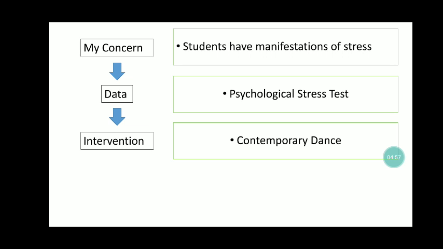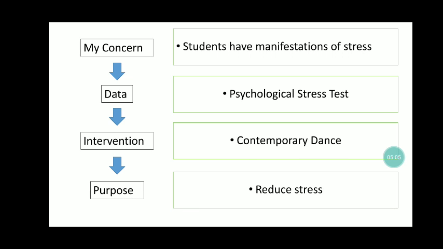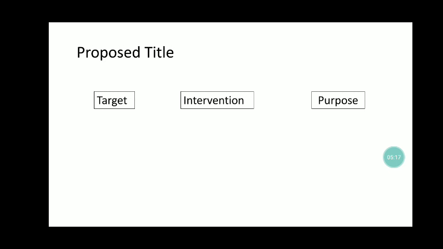I don't need to have a huge amount of money to realize my purpose, which is to reduce stress. And for me to develop my proposed research title, I need to consider TIP. Yes, TIP, as in T for target, I for intervention, and P for purpose.